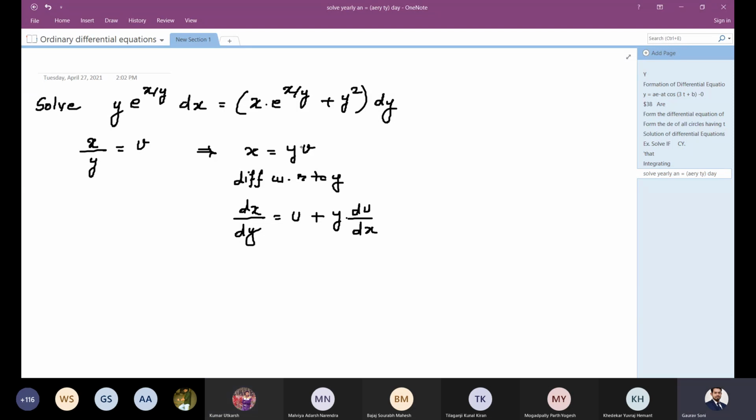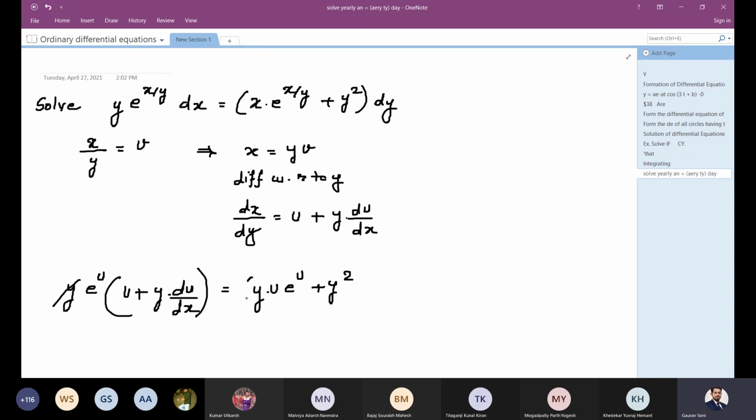Wherever x is there, I will put y into u. So y e to the power u. This dy on the other side will make it dx by dy, which is u plus y into du by dy. On the right hand side, x is y into u e to the power u plus y square. Look, after the substitution, x is completely removed from my differential equation.